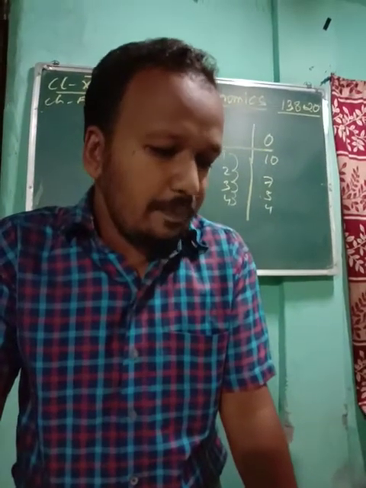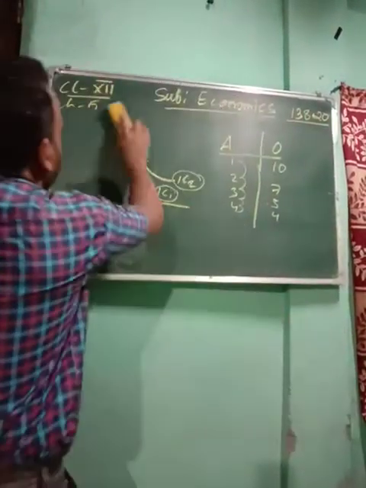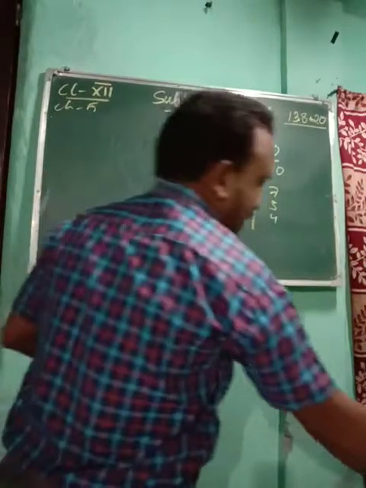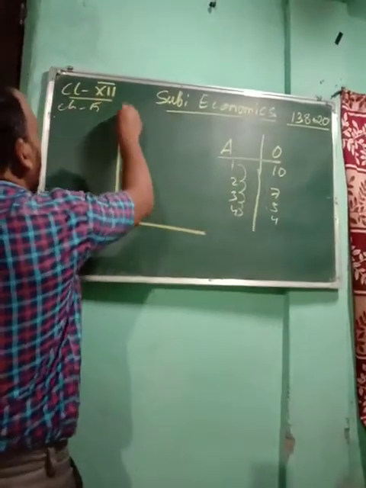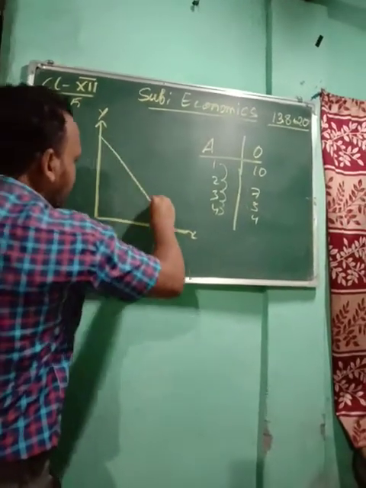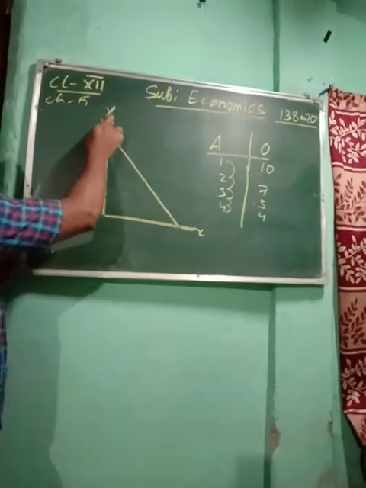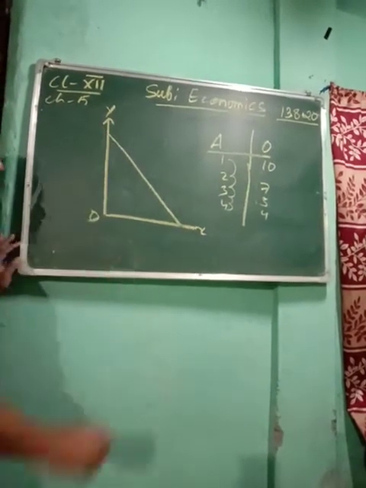Now, for the budget line, you see the diagram. The budget line will always touch your y-axis and x-axis. It will touch not from the top but from here, the x-axis and the y-axis.